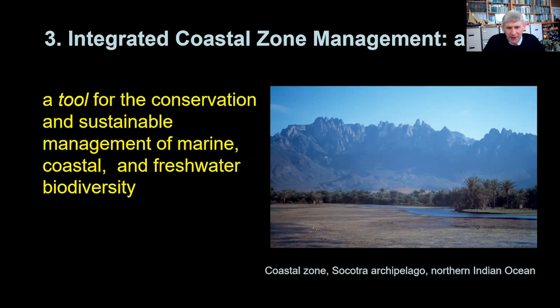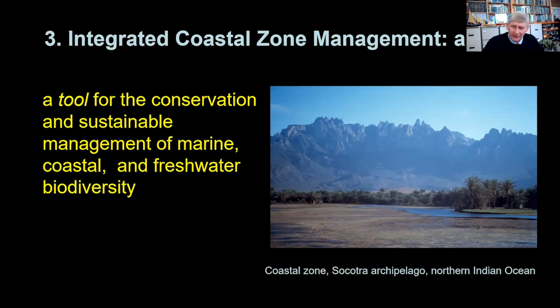And the image there shows the coastal zone of Socotra. So essentially here, we're looking at this granitic mountain range that you get in Socotra, which is about as high as Snowdon in Wales, where I am at present, through the wadis out to the sea.